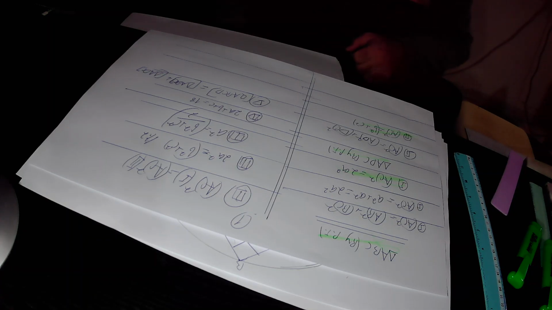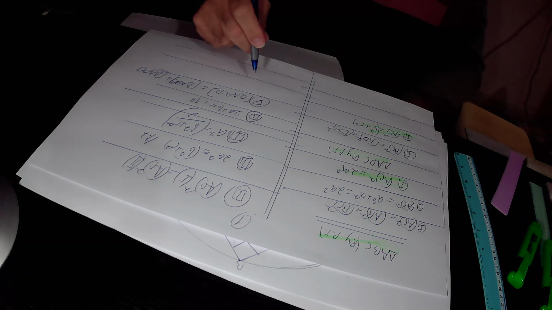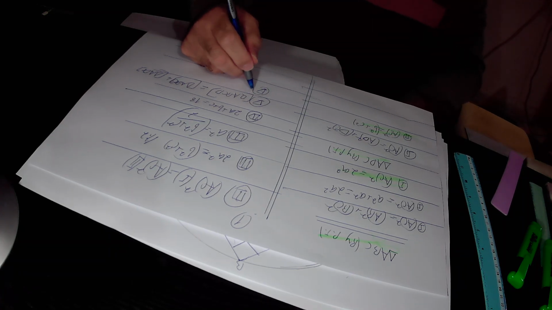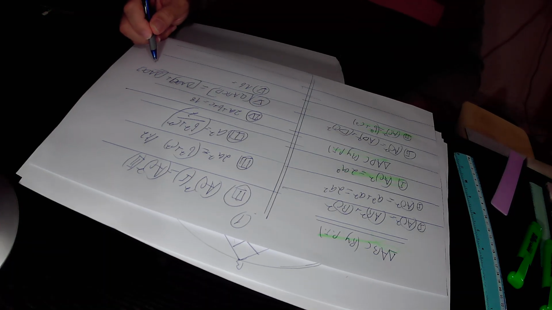This gives us the equation that the area of quadrilateral ABCD equals 16 square units, so we substitute the area of quadrilateral ABCD by 16. This equals the area of triangle ABC plus the area of the right triangle ADC.